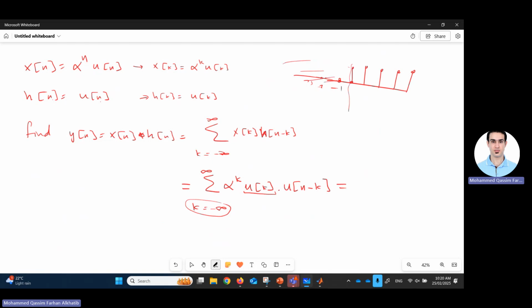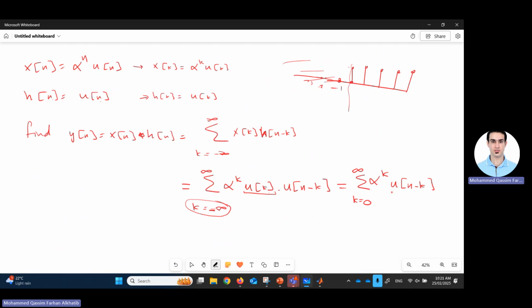So this summation will be from k equals 0 to infinity, alpha to the power k, u of n minus k. Clear? This u of k just changes the lower limit from -infinity to 0, because all negative values of k will give 0 because of this unit step function.